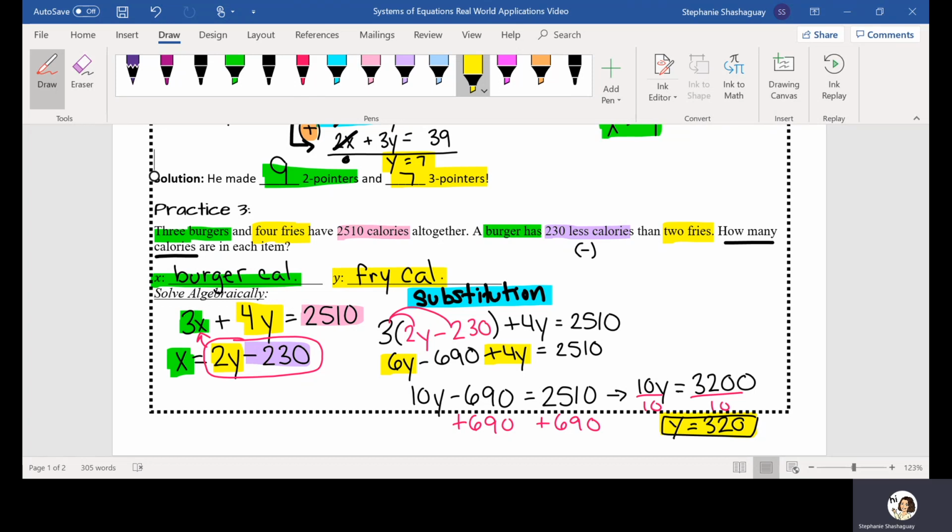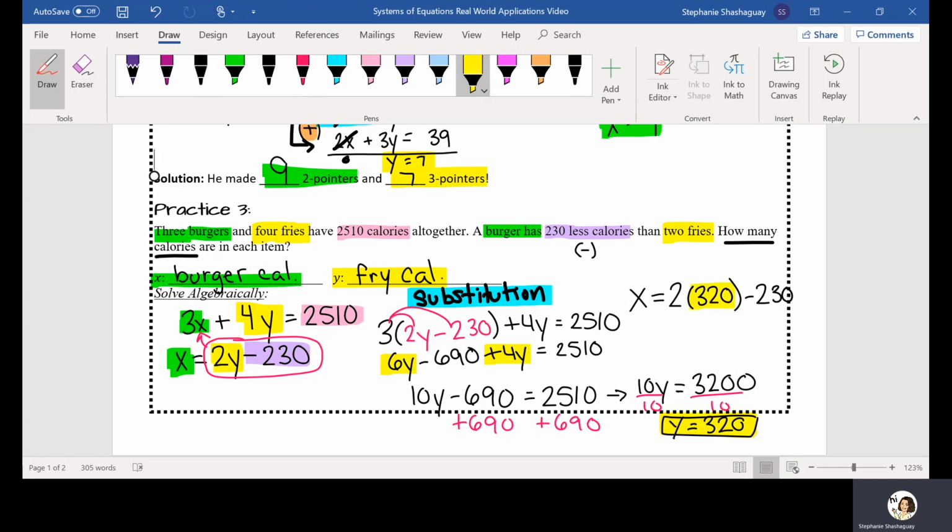Then, to solve for my x, I just need to plug it in. So, to find my x, I'm going to plug it into my second equation. So x is equal to 2 multiplied by 320 minus 230.